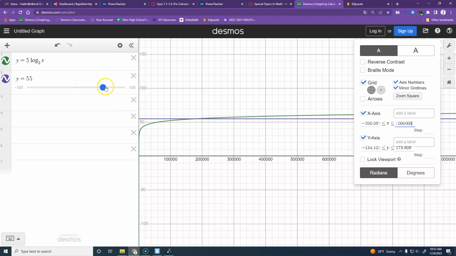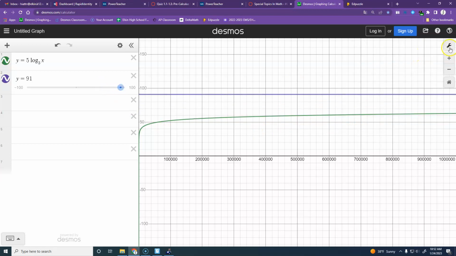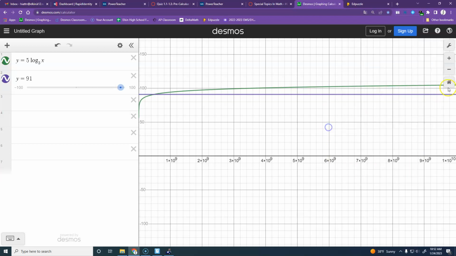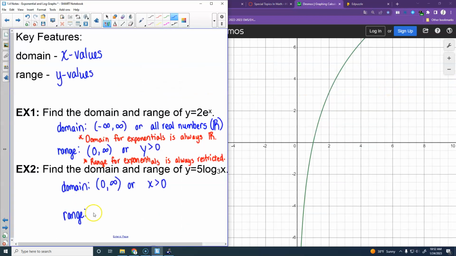And even if I move it up even more, if I add some more zeros, it takes a few, but I can eventually get it to where it's crossing that line as well. So it kind of looks like it flattens out, but it does not. So my range for my log function here is negative infinity to infinity, or just all real numbers.